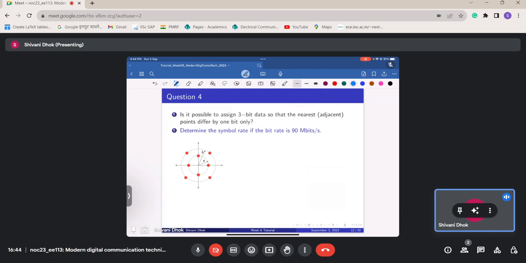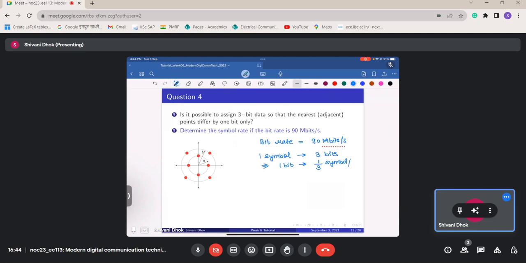So what we are having is, we need to determine the symbol rate if the bit rate is 90 Mbps. So what we have been given is bit rate is 90 megabits per second, and we know that one symbol corresponds to 3 bits, which means that one bit contributes as 1/3 of the symbol.